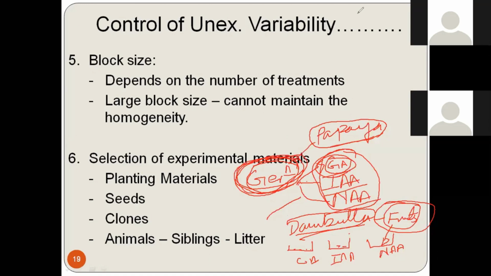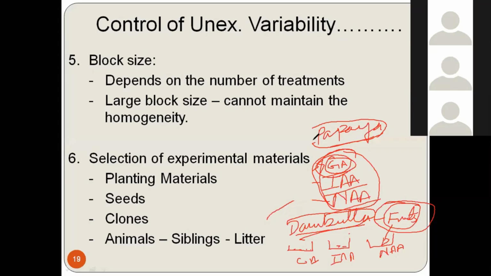What are the varieties available? I am not familiar. Red Lady I know, but others? What are the other varieties? Ratna. Yeah, Ratna. Okay, so there may be a mix of fruits. When you say variety, that means there is already variability.